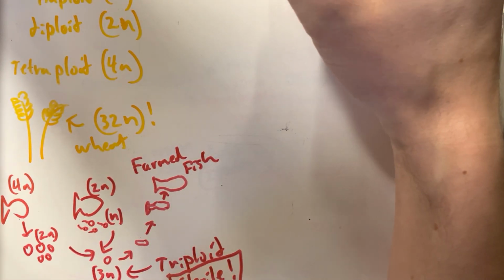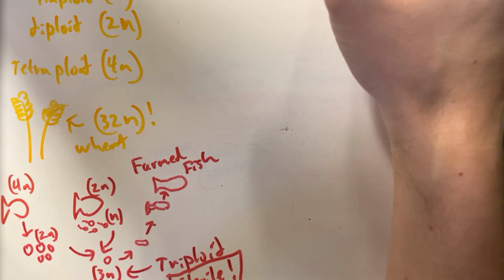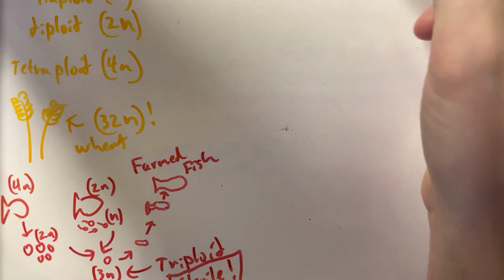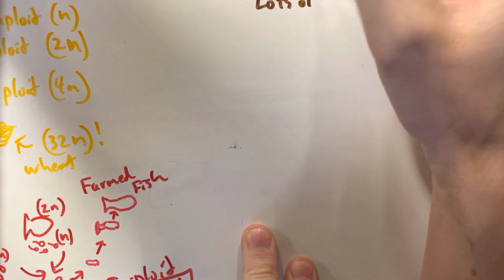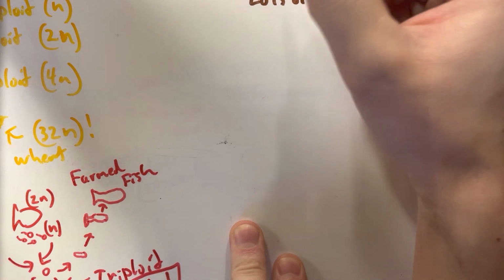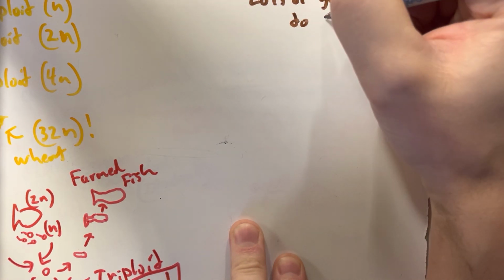Okay, another one is polygenic. This is when you have lots of genes that do the same thing.